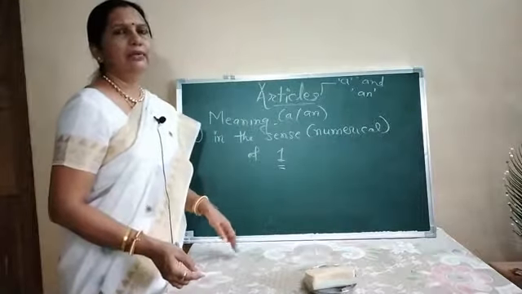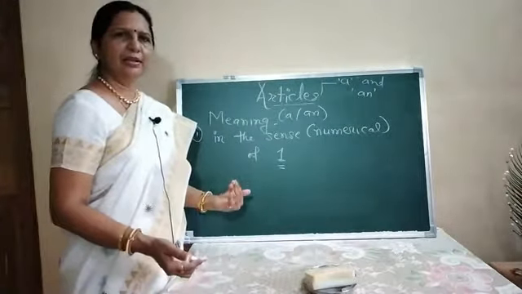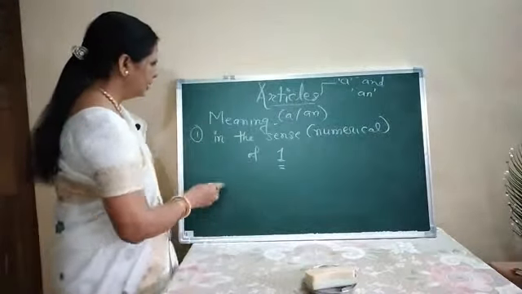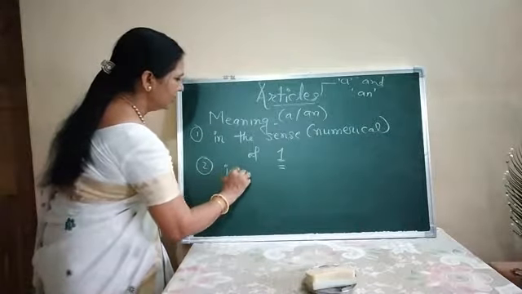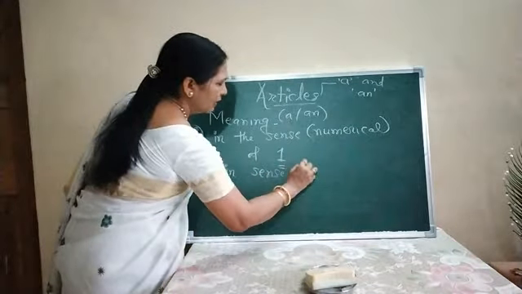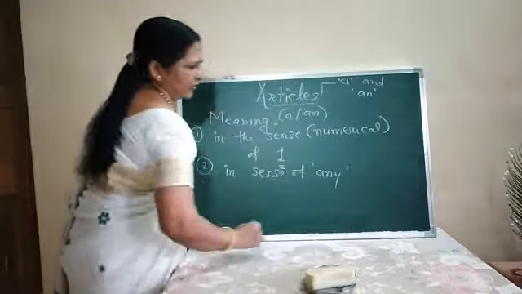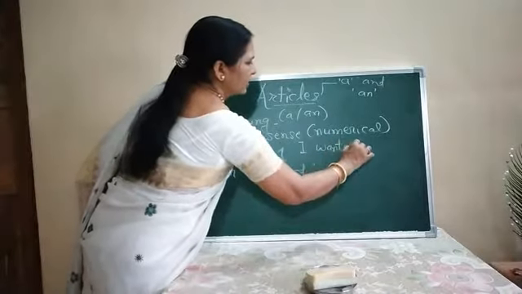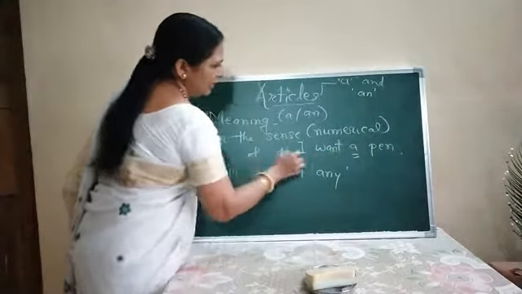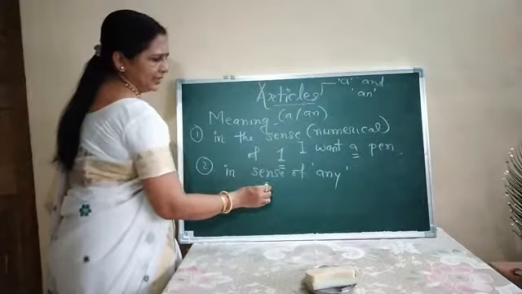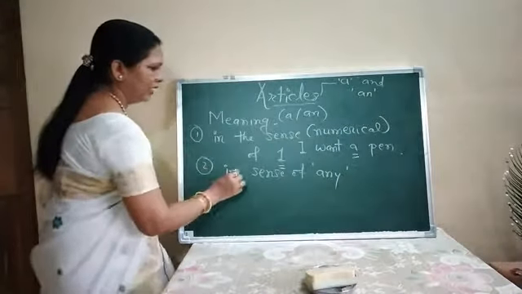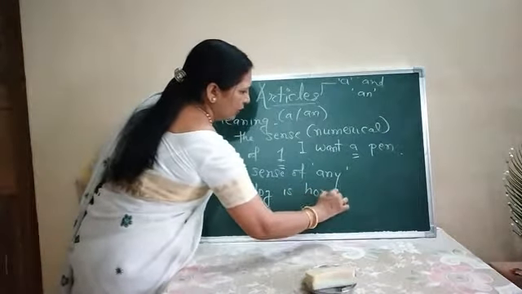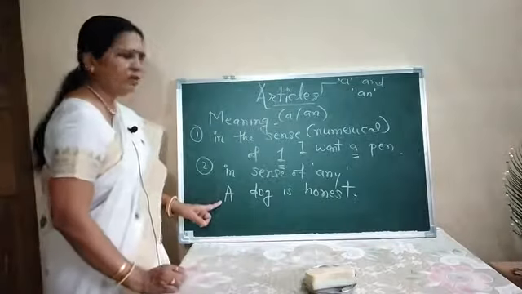If I say, I want to purchase an umbrella, means only one umbrella, like that. The second is in the sense of any. Now see, when I say I want a pen, a means 1, numerical sense. Now suppose I say a dog is honest. Do I want to say that one dog is honest?